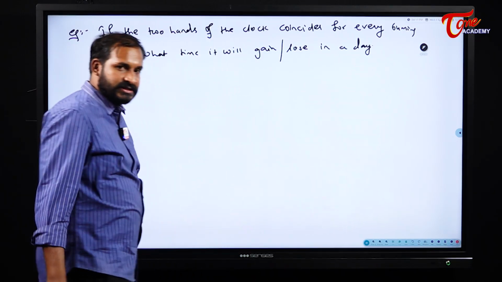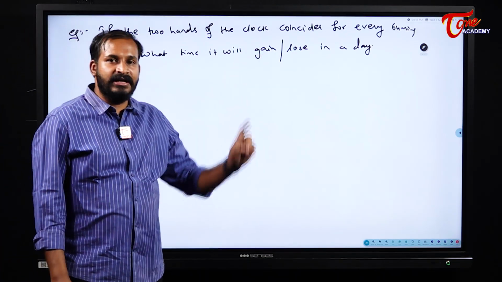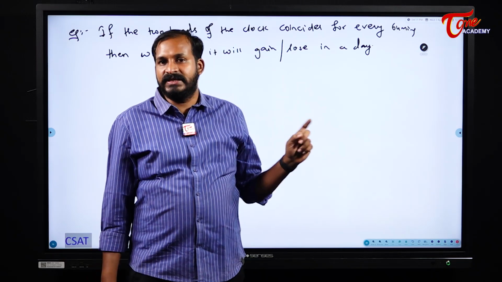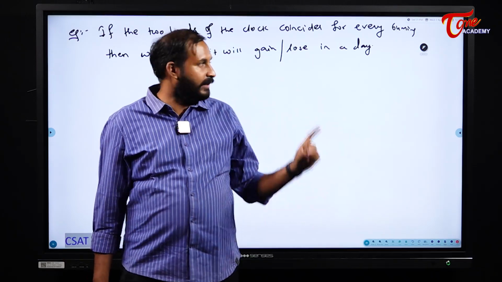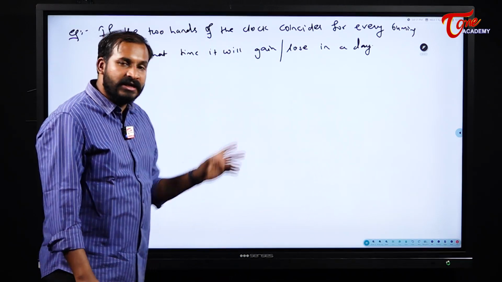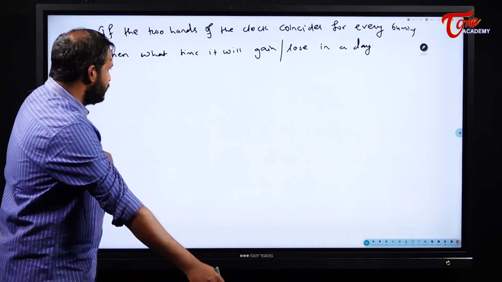This is the question for us. First of all, we should decide whether it will gain or lose. Now the time is 64 minutes. 64 minutes means definitely it will lose the time. Less than 65 5/11 means lose the time. Losing. And how much will it lose in a day? We will see it. See here.